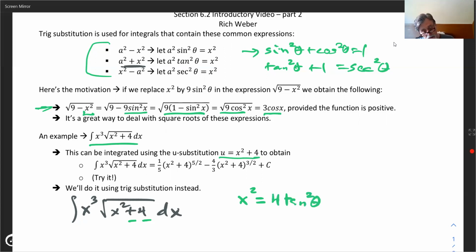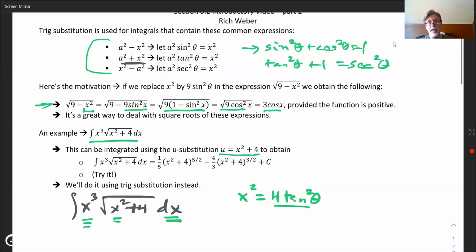Okay, that's going to take care of, now if you're good at substitution, that's wonderful. Okay, because then what happens is, well, now I know what x squared is going to be. It's going to be 4 tangent squared. Okay, but we also have x cubed here. So we have to figure out what x cubed is in terms of theta. We're going to substitute anything with an x, and that includes the dx as well.